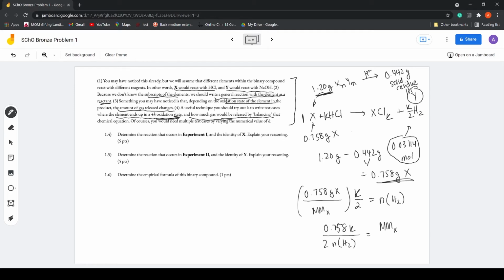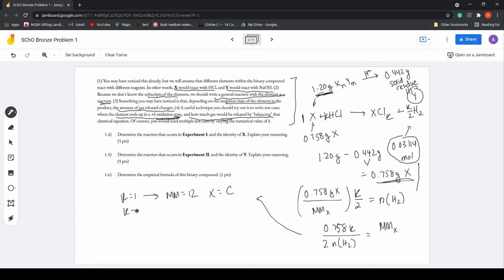So let's do that. If you plug in K equals 1, and remember NH2 is 0.03114 moles, we get that the molar mass is around 12, which gets us X equals C, carbon.